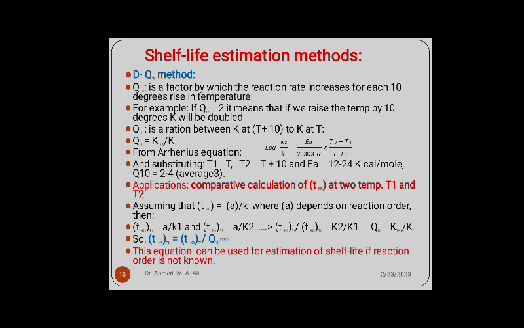Q10 is a factor by which the reaction rate increases for each 10 degrees rise in temperature. For example, if Q10 is 2, it means that if we raise the temperature by 10 degrees, K will be doubled. We can use the next law, which says T90 at temperature number 2 equals T90 at temperature number 1 over Q10 raised to power delta T over 10.